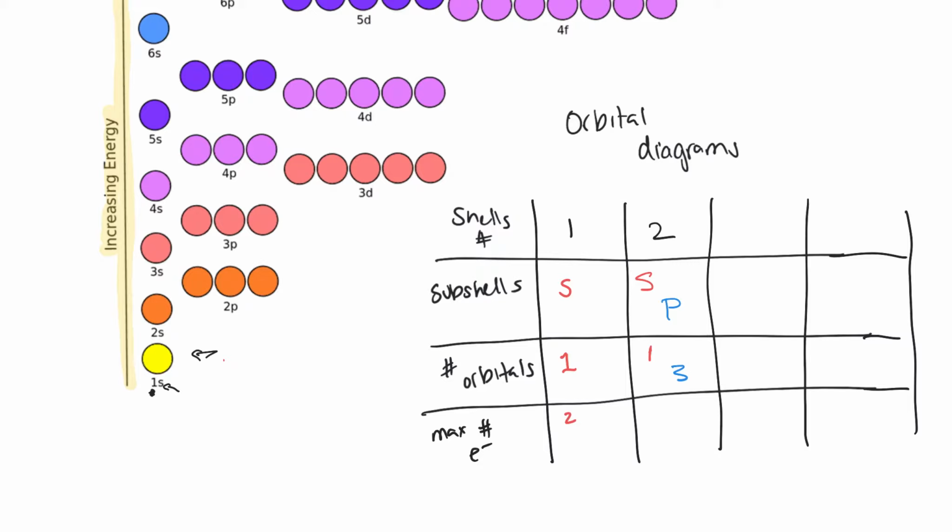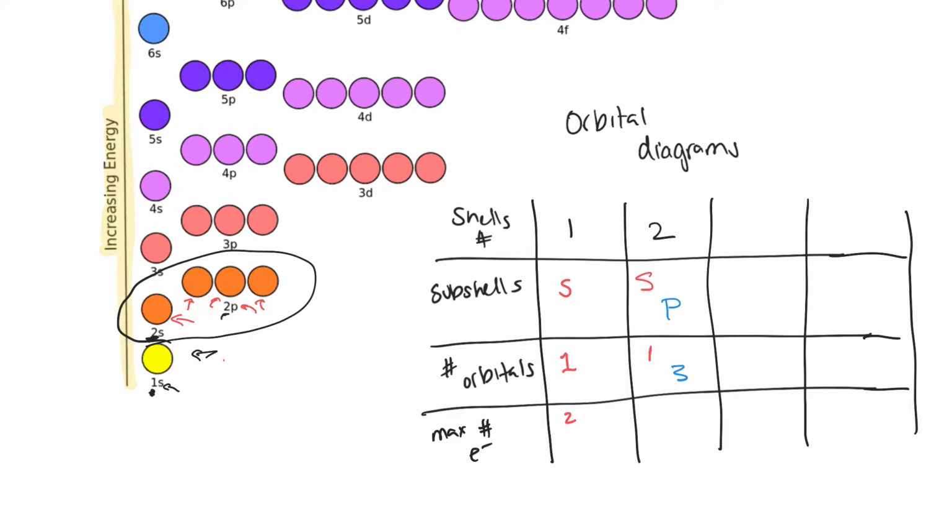And so now if you look here, we could see that. Here's our second energy level, labeled 2. The first one is subshell S. Subshell S has 1 orbital, so that's why it's only 1 circle. And then subshell P has 3 orbitals, and this is the reason why you see 3 circles.